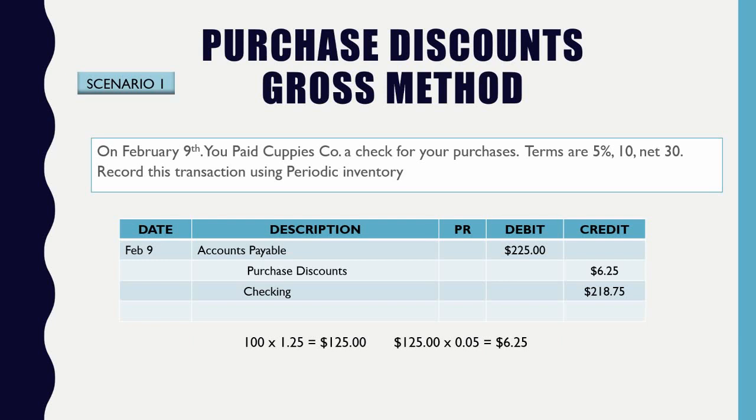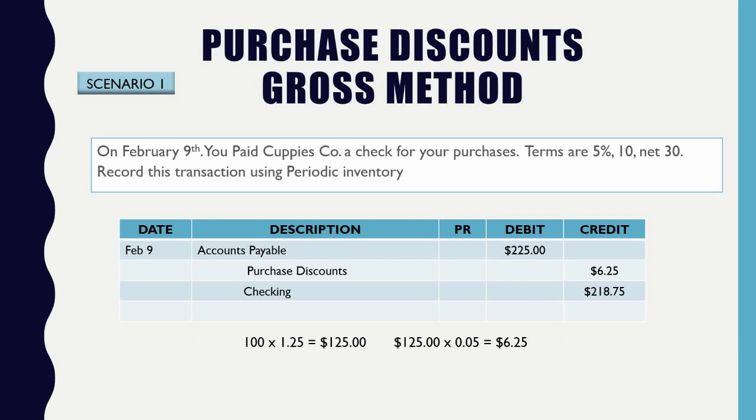Now, how do I determine the discount? Well, in this case, there's only one thing that you can discount, okay? You can only discount the original purchase price that you purchased the items for. So in this case, I purchased the items at $1.25 each, right?